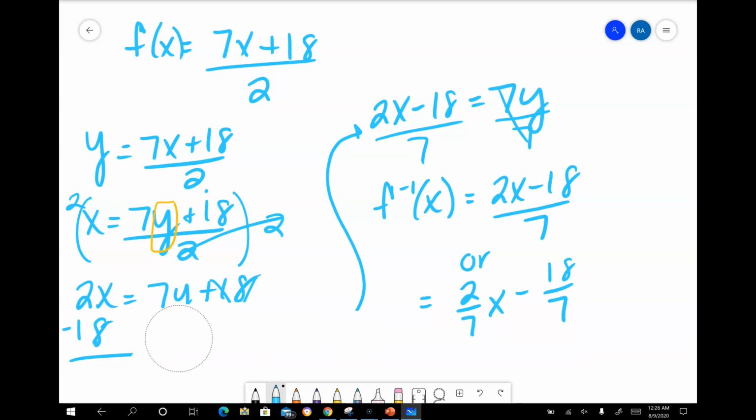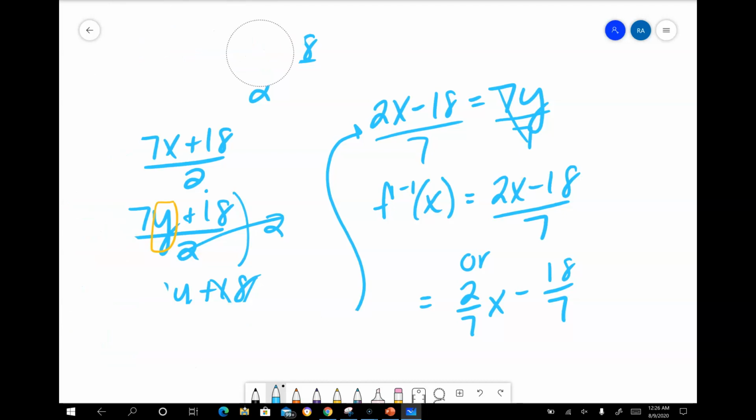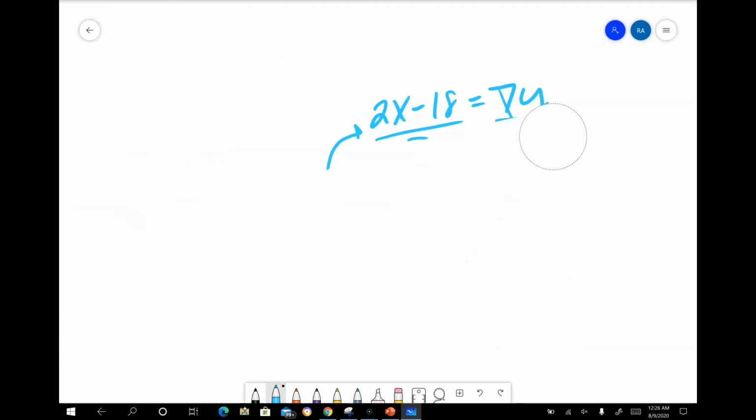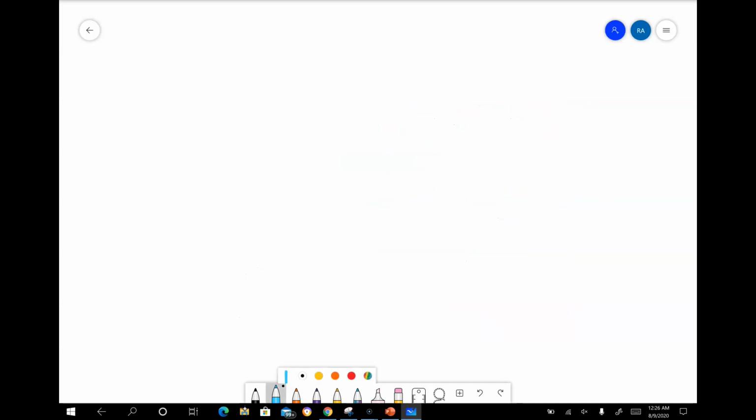Okay. So let's add some exponents and some radicals. So our next example is going to be x squared minus 6.